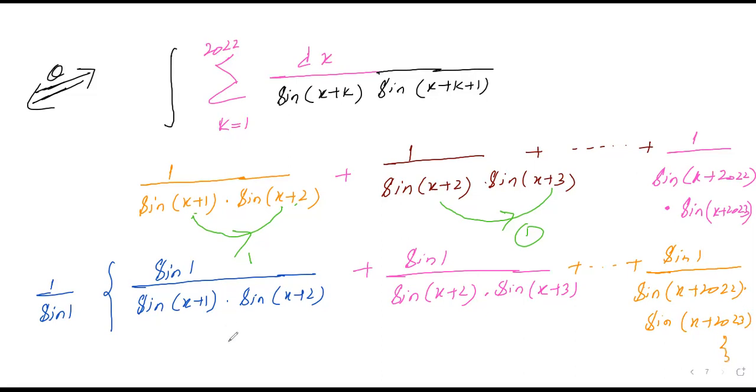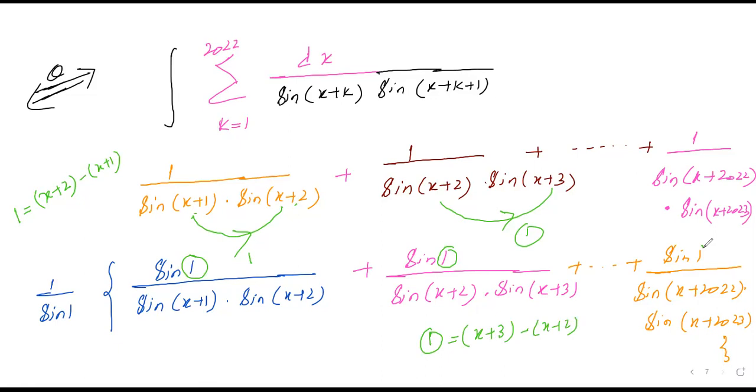So now your final step should be in this way. You have to replace 1 by x plus 2 minus x plus 1 here. Now in the second term, you have to replace 1 by x plus 3 minus x plus 2.